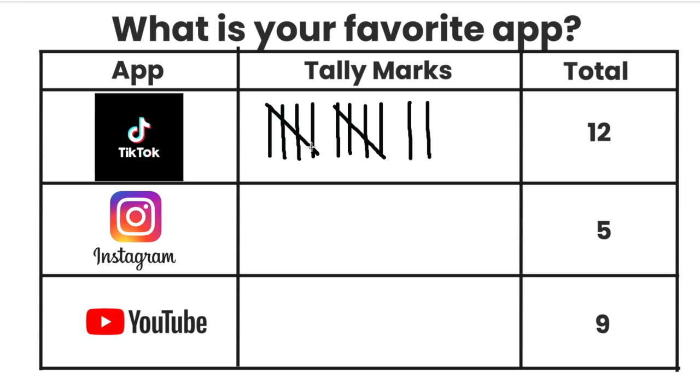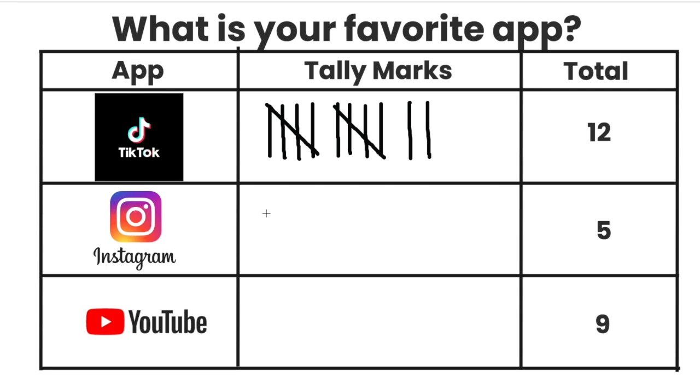Now can you help me count these tally marks to make sure that I drew them correctly? Remember, every time we see a slant or a diagonal line, that reminds us that we count by fives. So we have 5, 10. Now let's just count on. 11, 12. Wow, you're so smart.